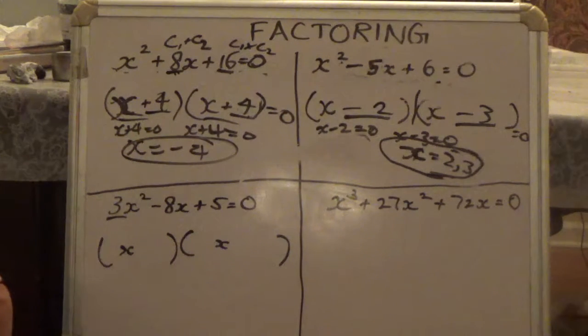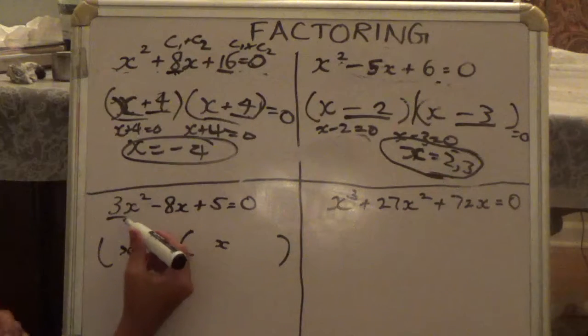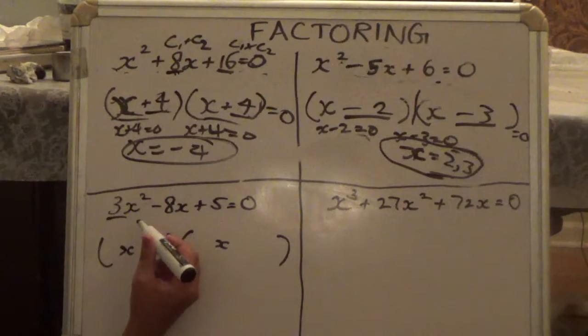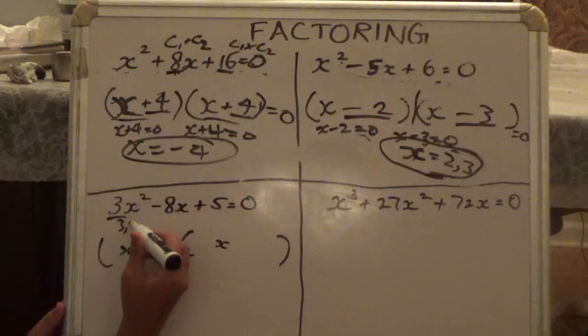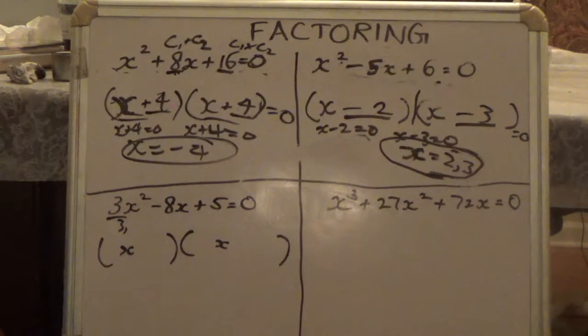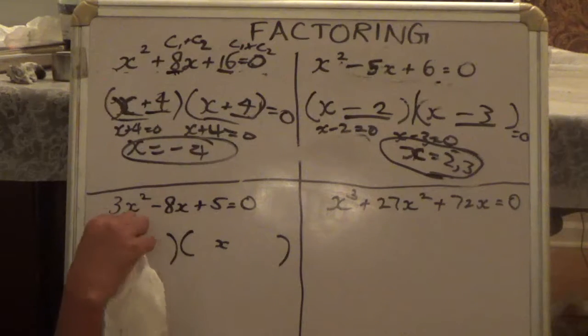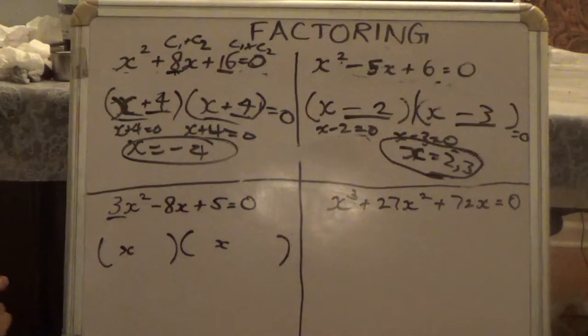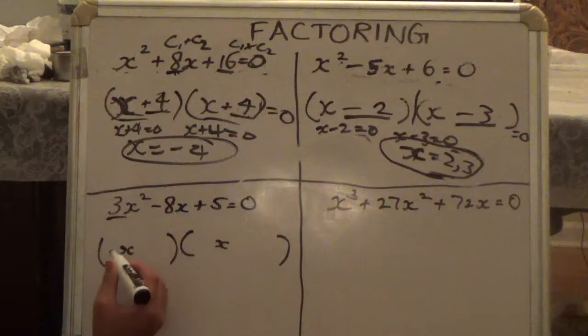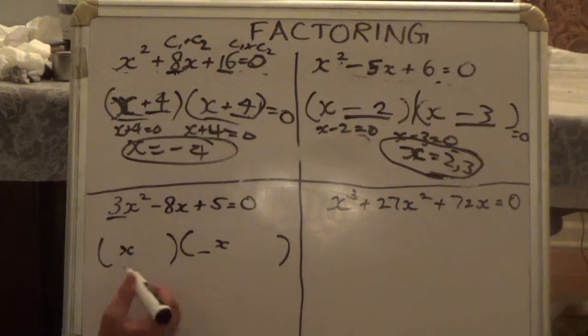So now it's going to be a little harder. Let's see the factors of 3x squared: 3 comma 1. A rule I have to mention for all quadratics: the coefficient has to be positive.